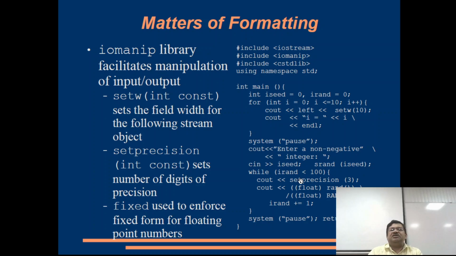And this is what I say, type conversion. This rand function will generate random integer numbers from 0 to the largest integer that the machine can store. Right? But it will be a pseudo random number.